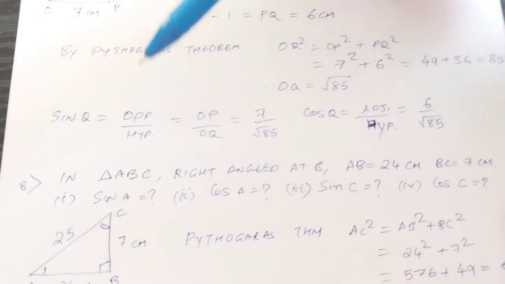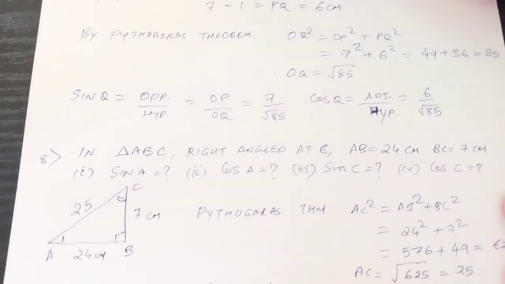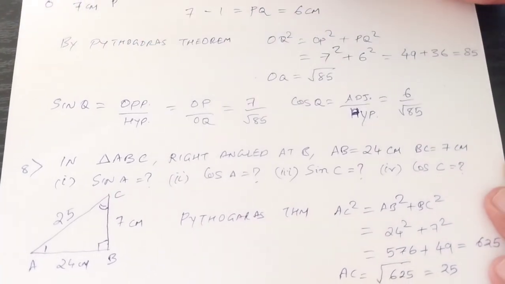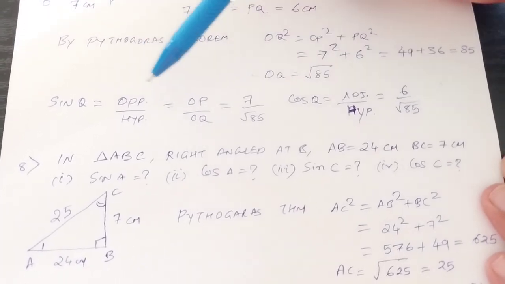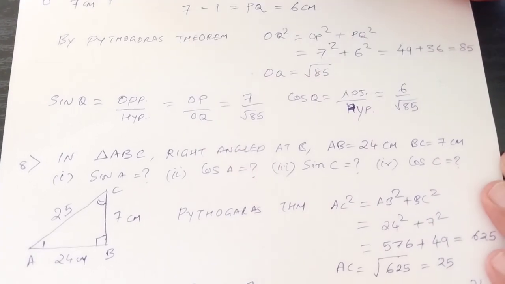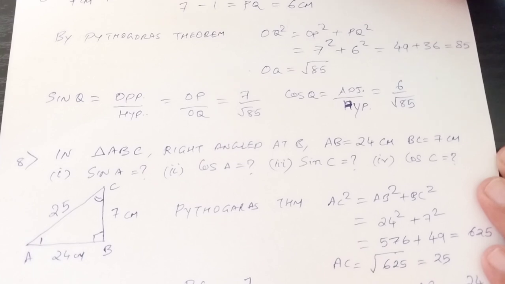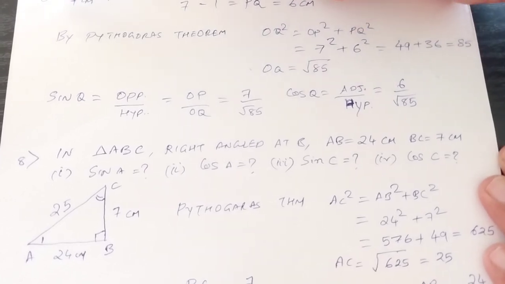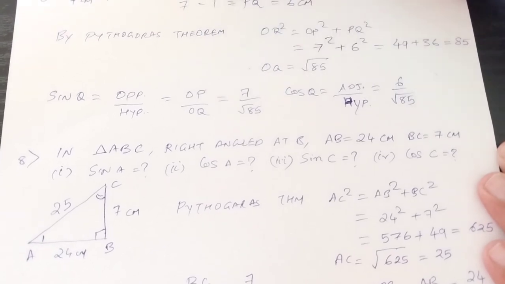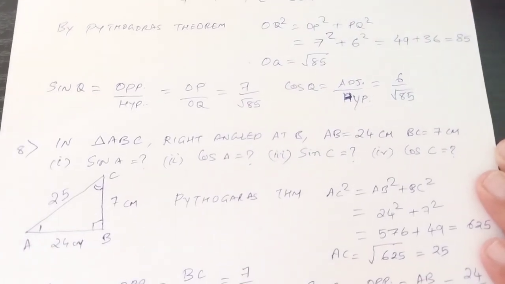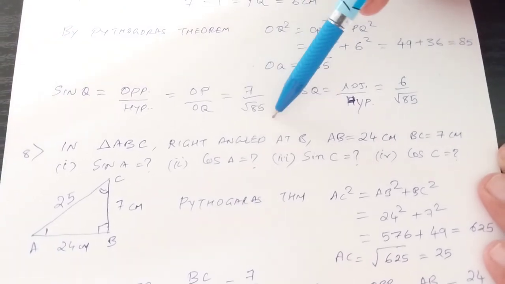And now using this information, we can calculate sine Q, which is asked for. If you look at this angle Q, observe that sine is defined as opposite by hypotenuse. For angle Q, the opposite side is OP and the hypotenuse is OQ. So sine Q is OP by OQ. OP is given 7, and OQ we have calculated square root of 85.